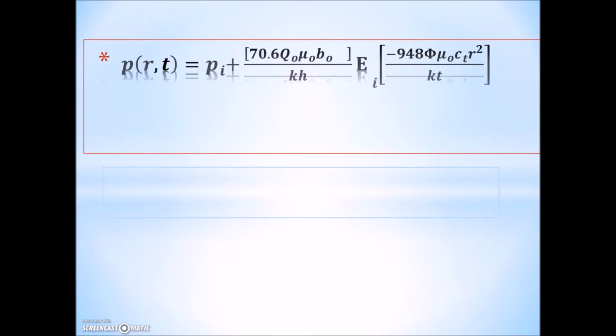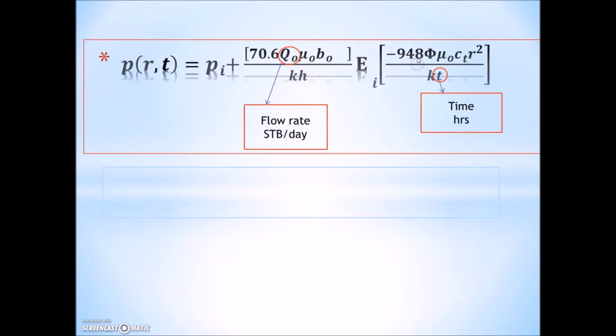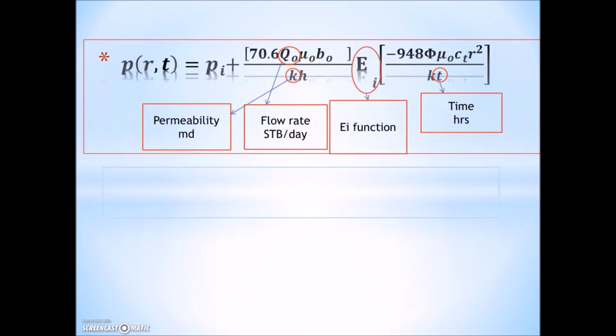And this equation consists of several parameters, which include the time, which is calculated in hours, the flow rate of the oil, which is calculated in stock tank barrels per day, the permeability, which is calculated in millidarcy, and the most important of all is the EI function, which is expressed by this equation.